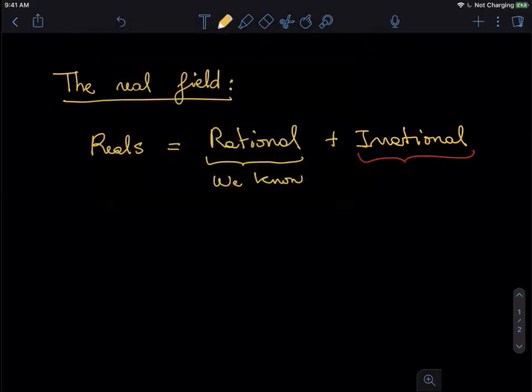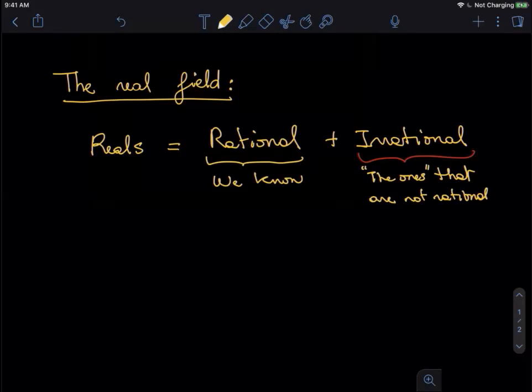Okay, but you see the trick there? The ones what? You see, when you say the ones that are not rational, here what you are implicitly assuming is the real numbers already.